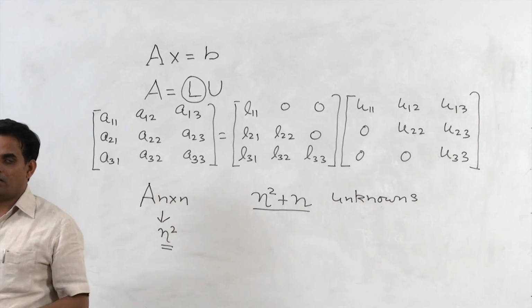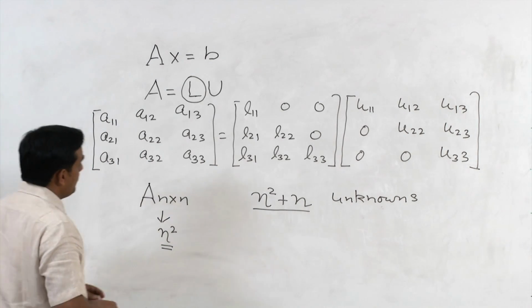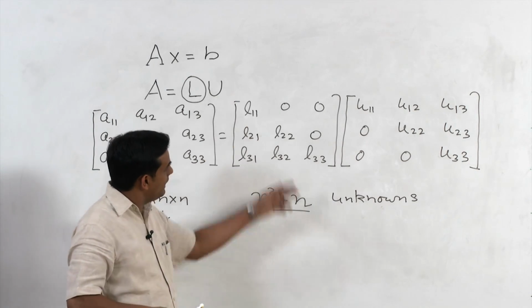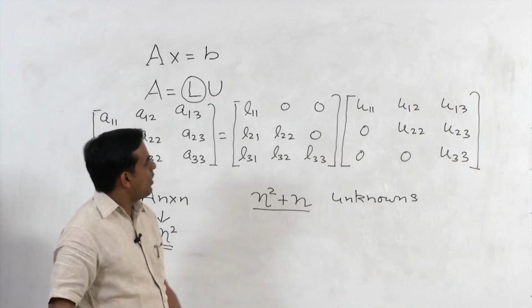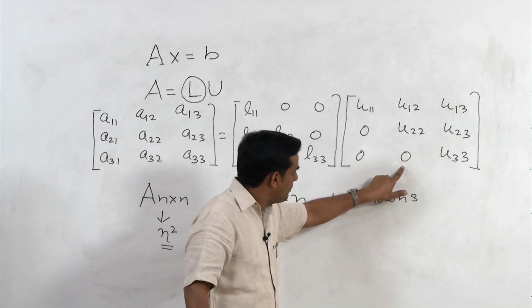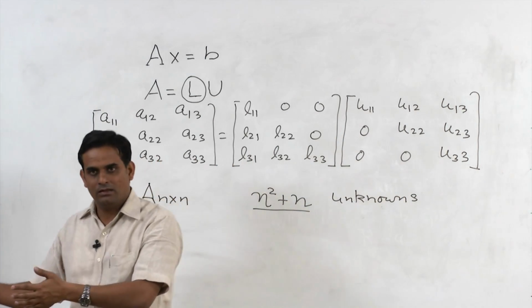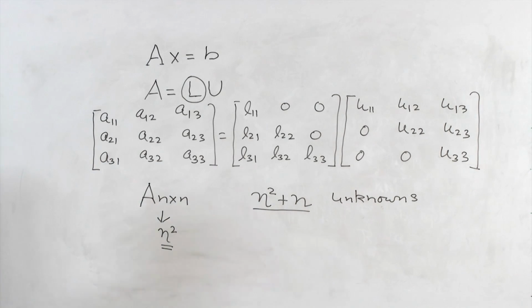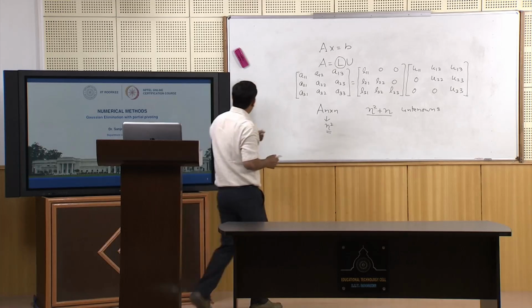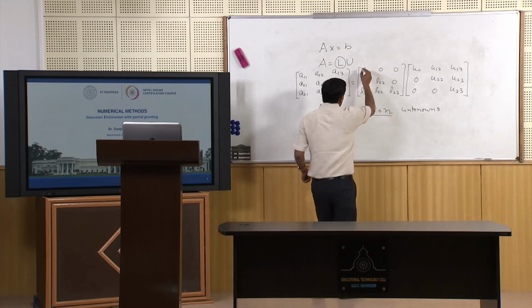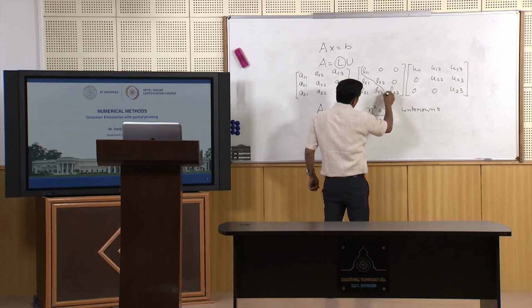So, what I will do, if I write the diagonal entries of either L or the diagonal entries of U as 1, 1, 1, then the trick will work. So, either I will choose these entries as 1, 1, 1.